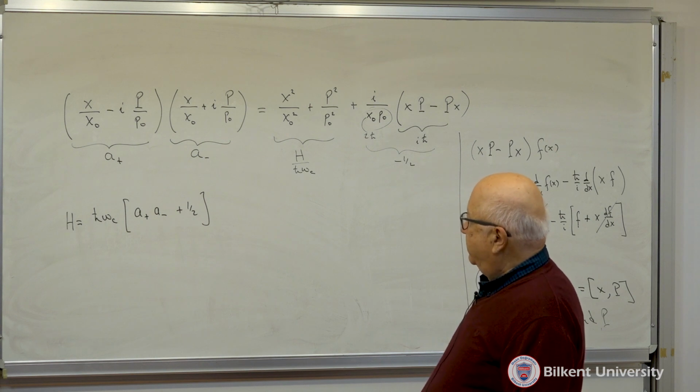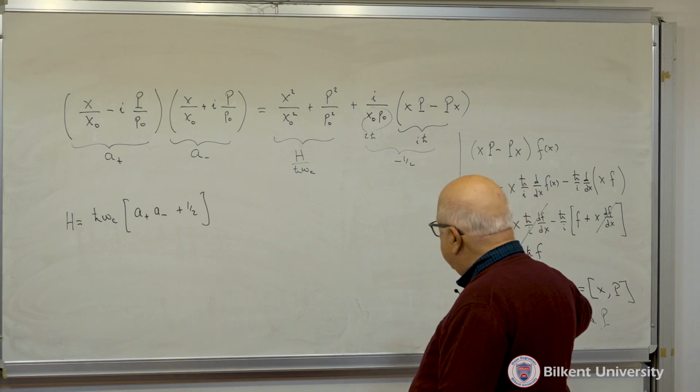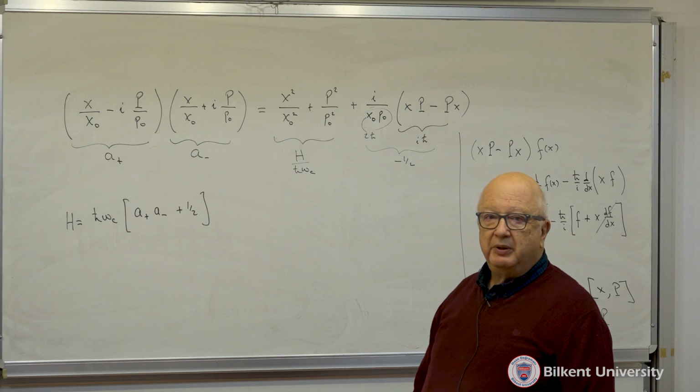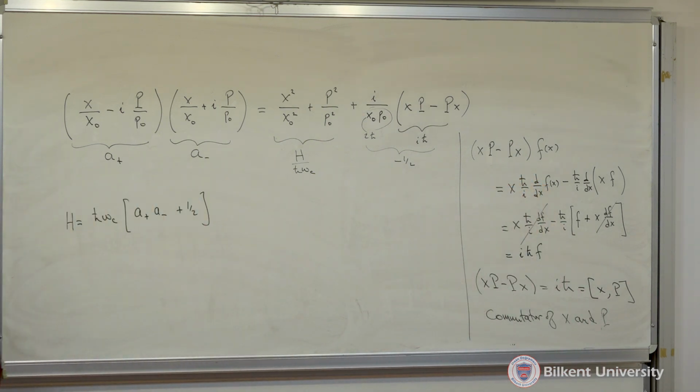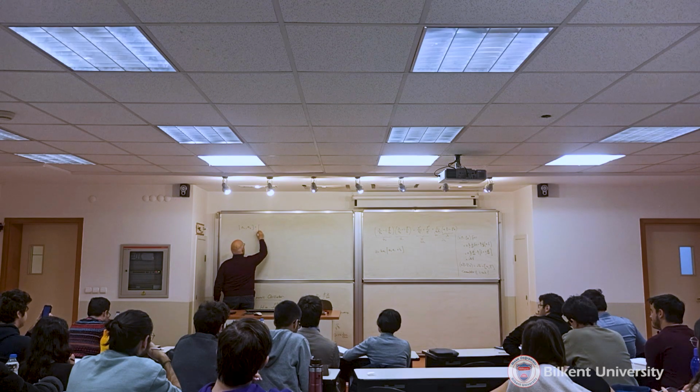All right. So what do I do with this? Let's play this commutator game a little bit more. Get used to doing this because you'll be working with commutators a lot. So let me ask, for example, the question, what is a minus commutator with a plus? Well, let me just write it down.